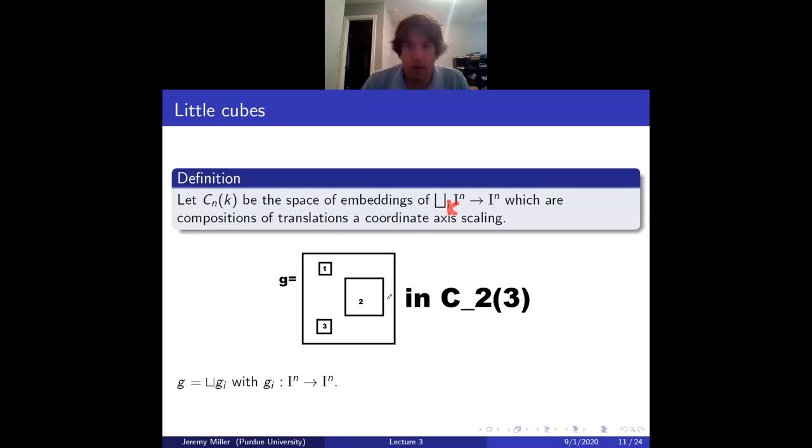So, in particular, an element of one of these spaces is completely described by a picture. Okay, so these things are going to sort of parameterize the algebraic structure of loop spaces.